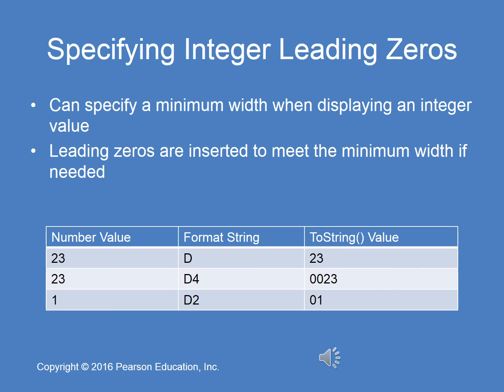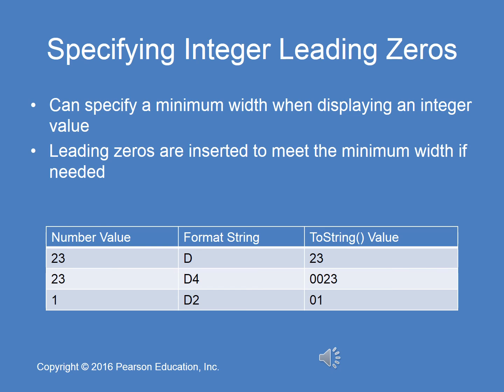With integers, you can control the minimum width. If that exceeds the minimum width necessary to fully display the value, you will add leading zeros. This is done by inserting a D. Here's a table with some examples.